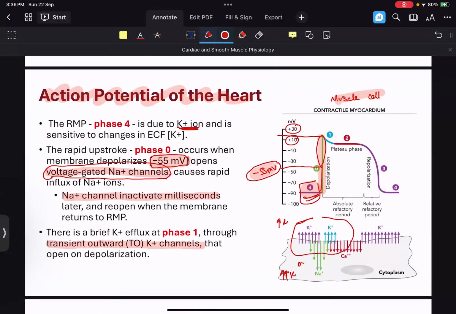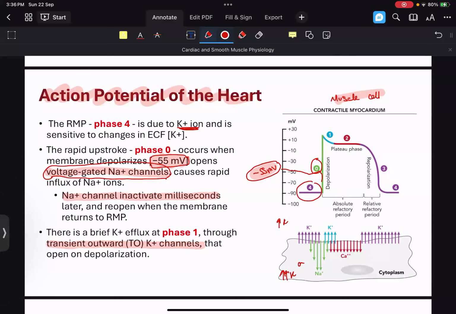Can you recap the potassium part? Absolutely. So once again, let's just clear the slide very quick. We said you're at phase 4, you're normal. Then you get a signal to depolarize, and that causes the sodium channel to open. That is why the sodium channels will open at phase 0.